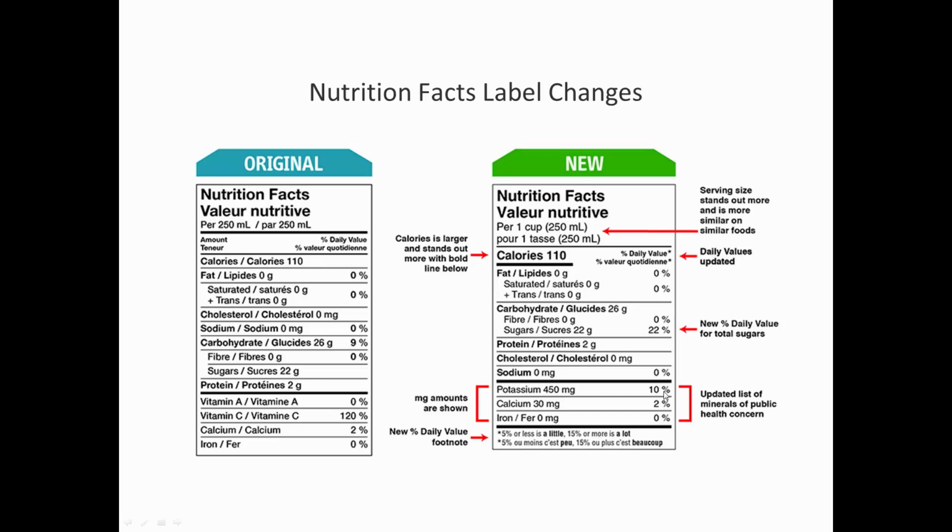Well, what does that mean? Is that a lot or is that a little? And so what they're saying here is if it's 5% or less, it's really not a great source for that particular nutrient. So this isn't a great source for calcium. But if it was 15% or more, then that's a lot, and that would be a good product to pick if you were looking at increasing your calcium intake.